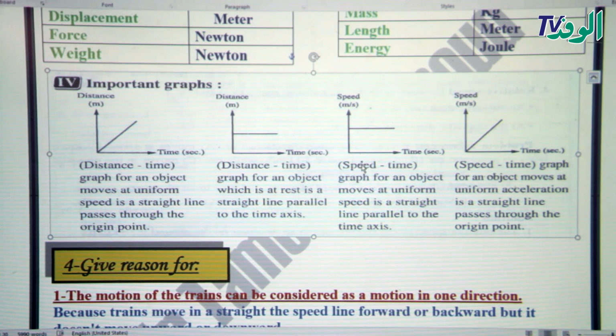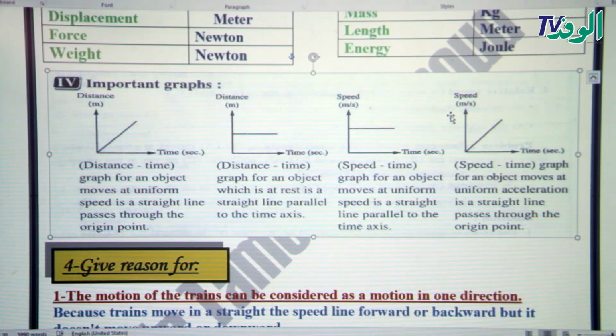Yes, another graph represents an object moving at regular speed, but on a speed-time graph. It can be represented by a straight line parallel to the time axis.